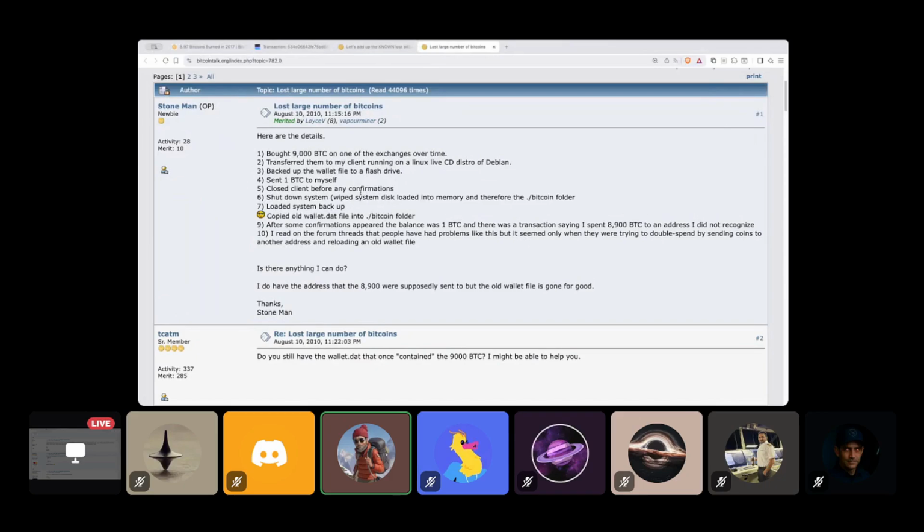Earlier, all your information was in that wallet. Your private key was in that. The list of private keys that you generate was in that same file. So that was the problem that he missed. It was probably in the first year of Bitcoin, in 2010. So the client was very basic.